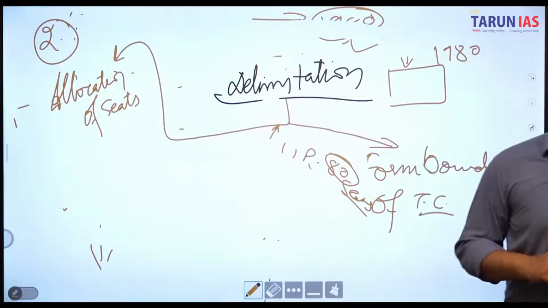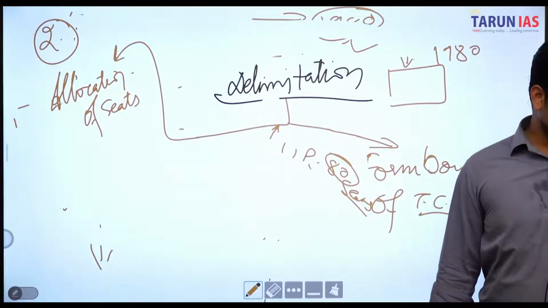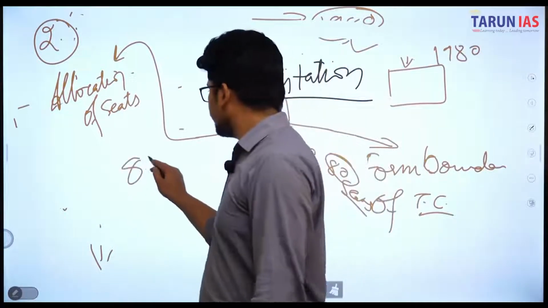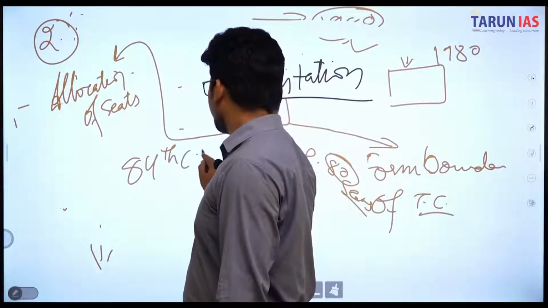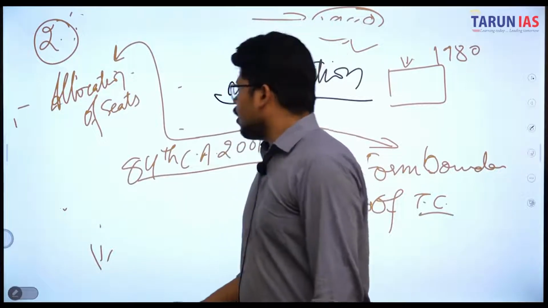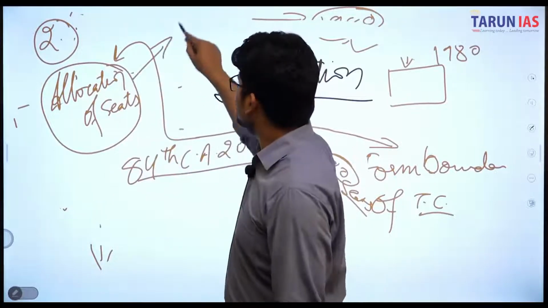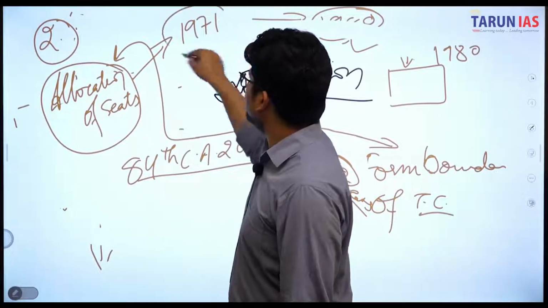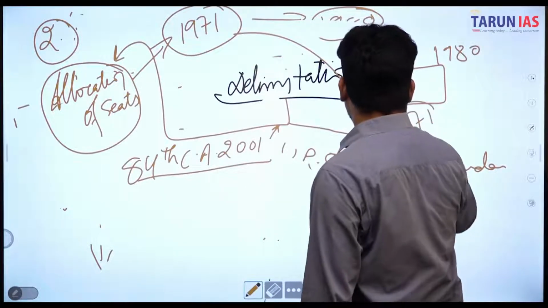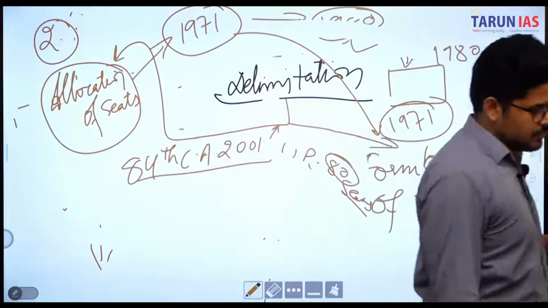फिर 2000 में क्या हुआ? Basically in 2001 the 84th Constitutional Amendment Act came. ठीक है, 84th Constitutional Amendment Act 2001. It said that although the allocation of seats is fixed on the basis of the census of 1971, ठीक है, और ये भी फिक्स किया गया था 1971 के बेसिस पे ही. कौन से एक्ट में? 42nd Constitutional Amendment Act 1976.